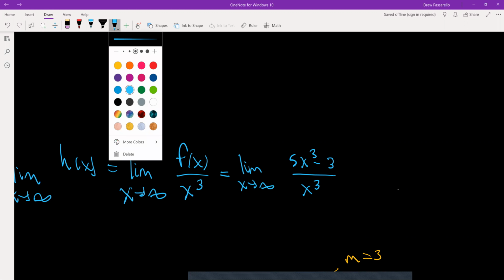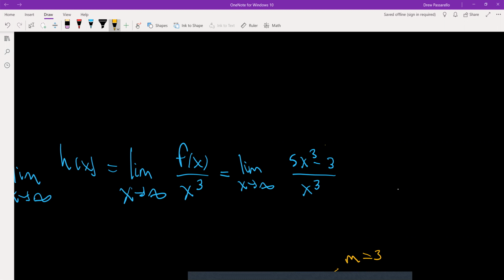And notice the degrees are the same. So m is 3, n is 3. So degrees match.